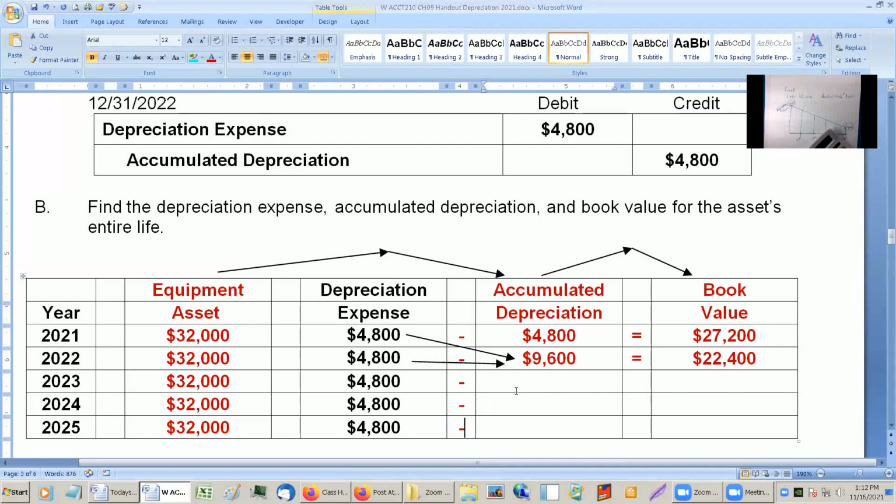Okay, so for year 3, it would be all 3 of these together. You could also just add the 4,800 onto the 9,600. That's another way of doing it, because this has the first 2 years, and you just add the 3rd year in. Or you can do all 3 of it.